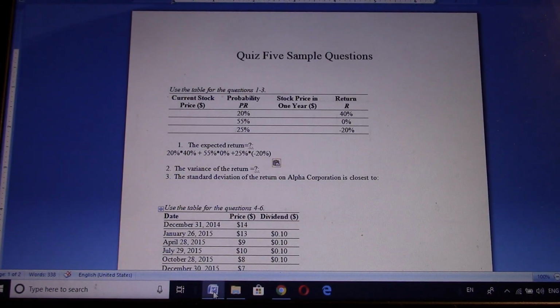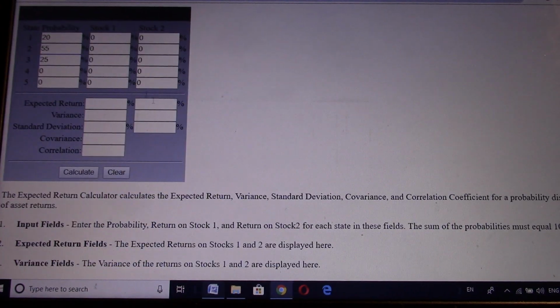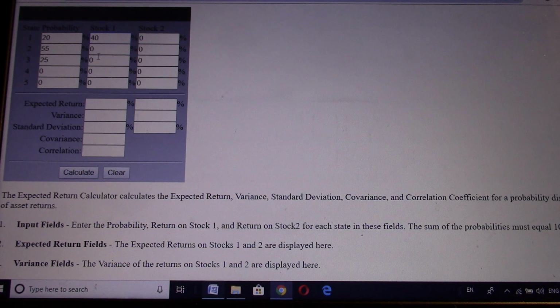So these are the probabilities, and the returns are 40%, 0%, and negative 20%, so 40, 0, and negative 20. These are the inputs, because we have only one stock in this question. The question is asking for the expected return for stock 1, the variance of the expected return, and the standard deviation of the expected return. So click on calculate.